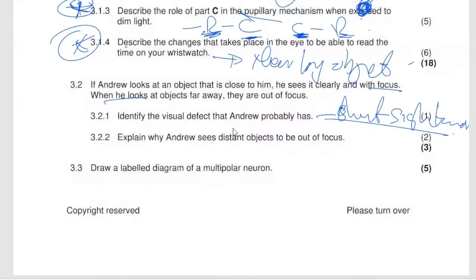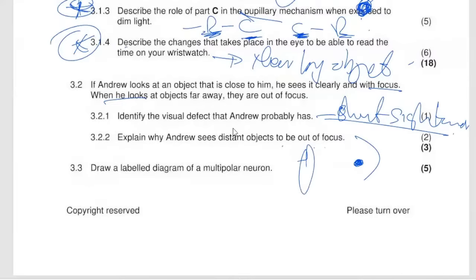They are saying, explain how Andrew sees the distant object to be out of focus. If you look at it, the eyeball is too long, meaning that the light rays will be focused in front of the retina.